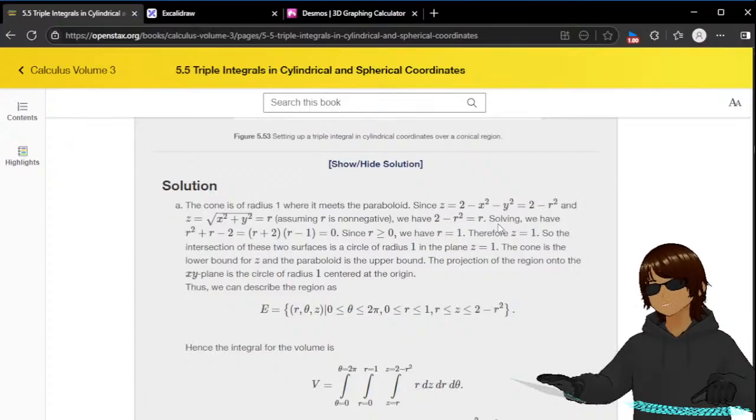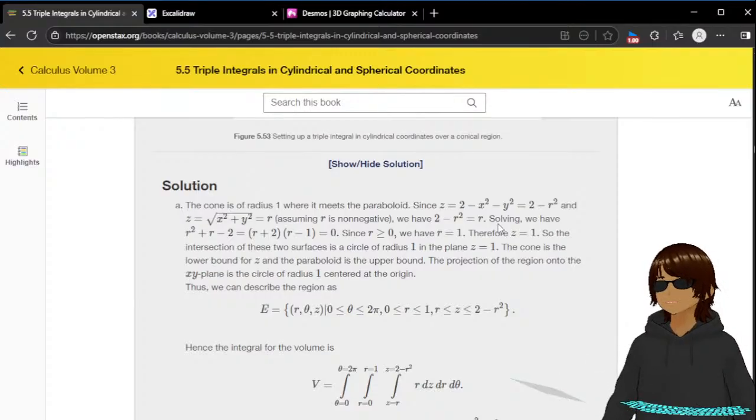Therefore, z is equal to 1. So the intersection of these two surfaces is a circle of radius 1 in the plane z equal to 1. The cone is the lower bound for z and the paraboloid is the upper bound. The projection of the region onto the xy plane is a circle of radius 1 centered at the origin.